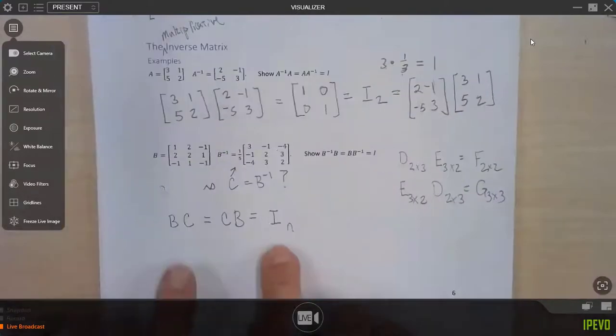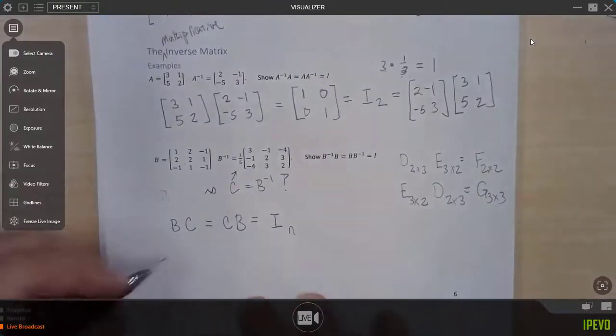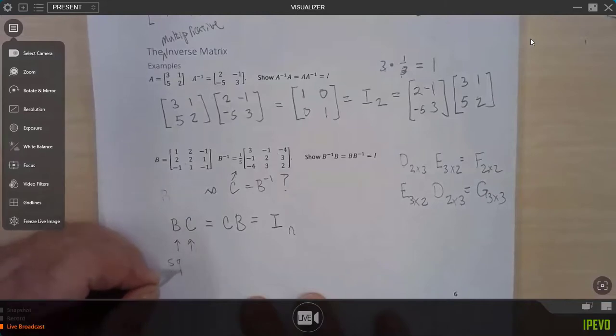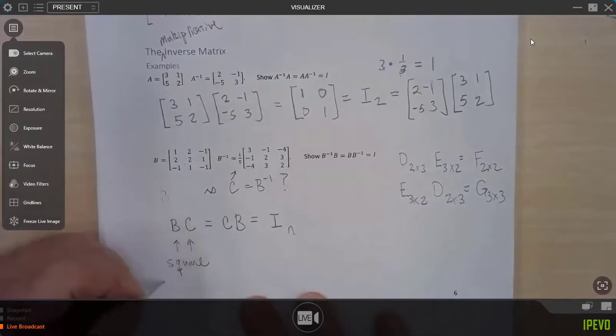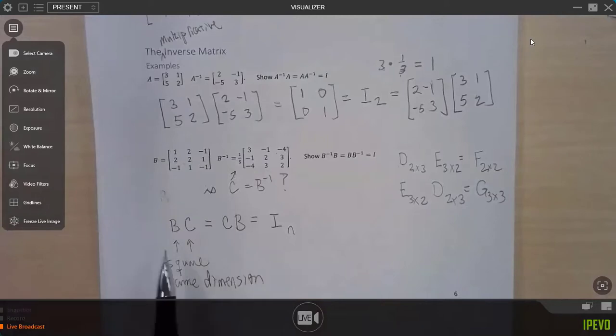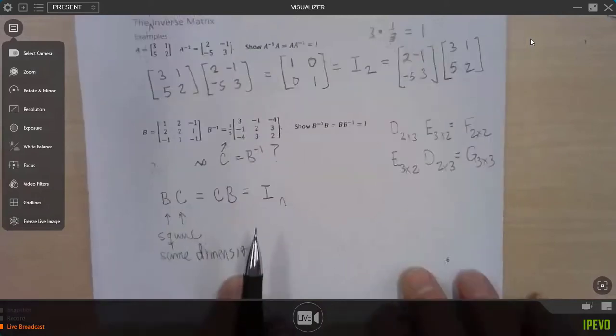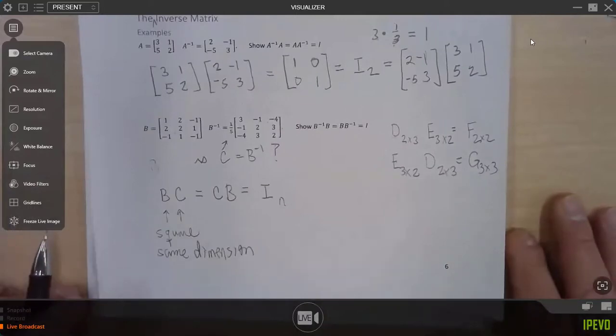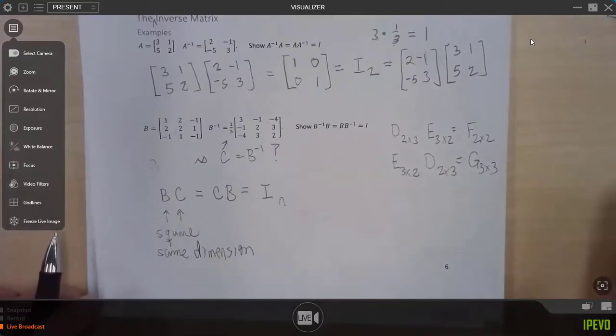And so if this thing is going to work, both of these must be square, and they must have the same dimension. So that's a necessary condition for having a multiplicative inverse. It's not sufficient. There are lots of square matrices that do not have multiplicative inverses.